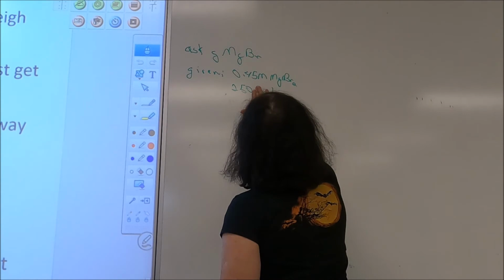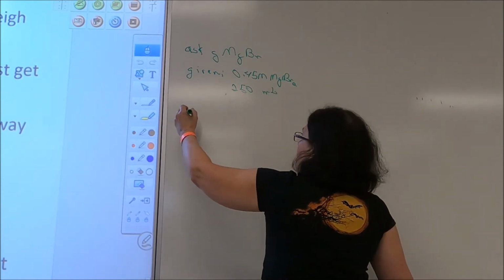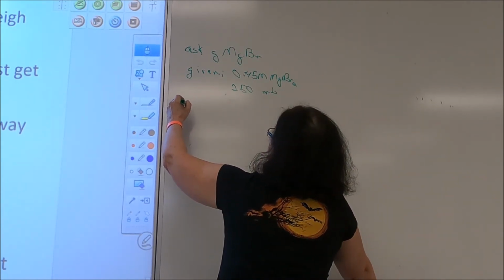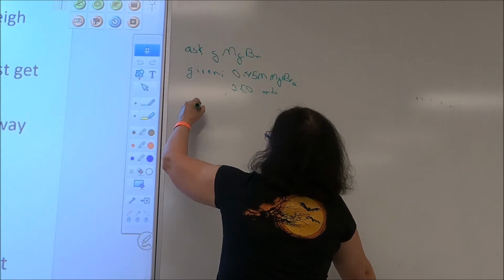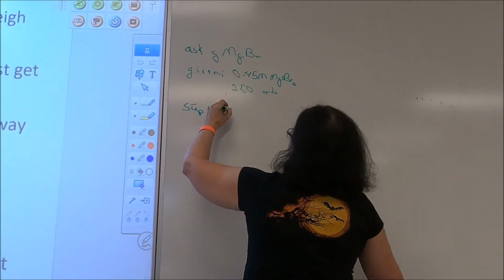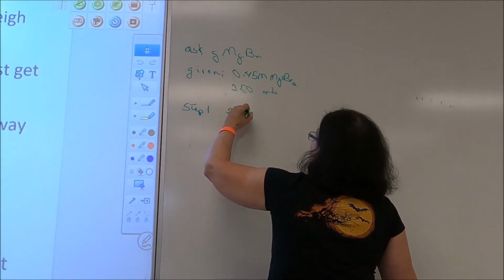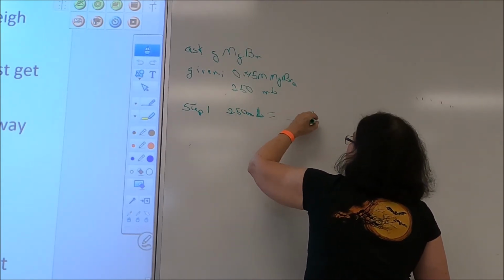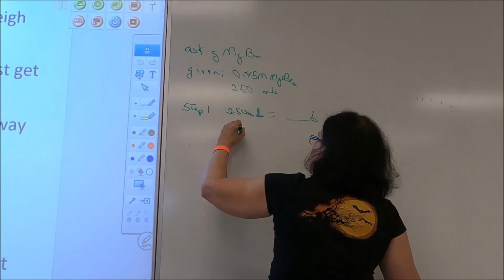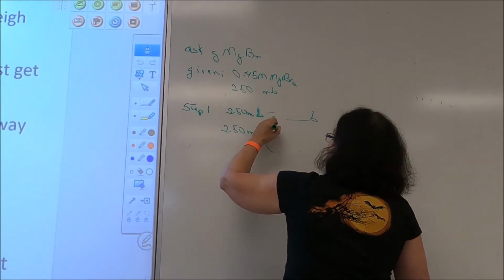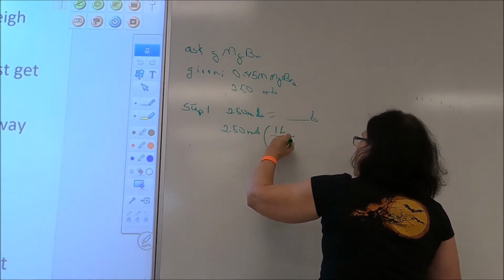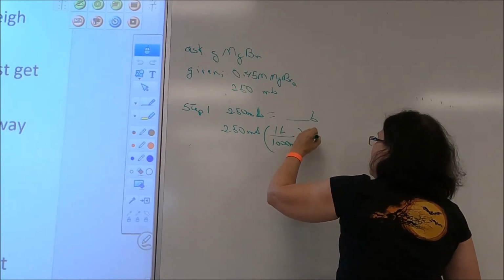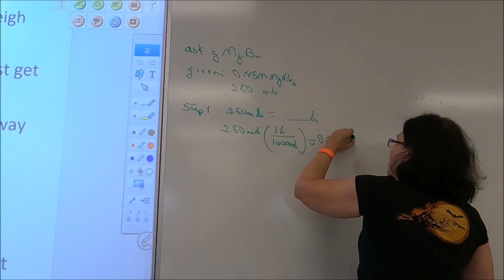Well, actually, I just wrote 250. All right, now, step one is I'm going to go from 250 milliliters to a volume in liters. So 250 milliliters, 1 liter for every 1,000 milliliters, that's 0.250 liters.